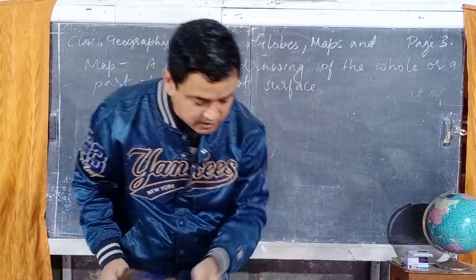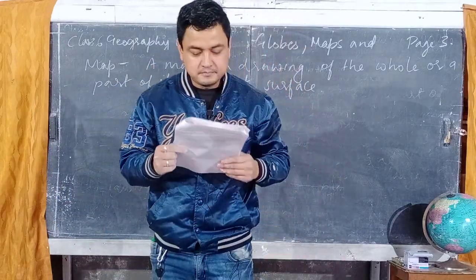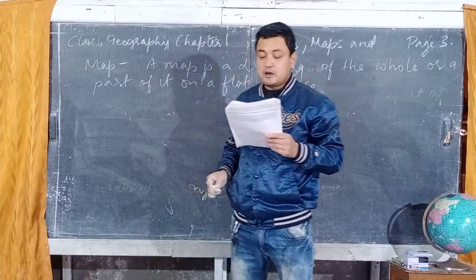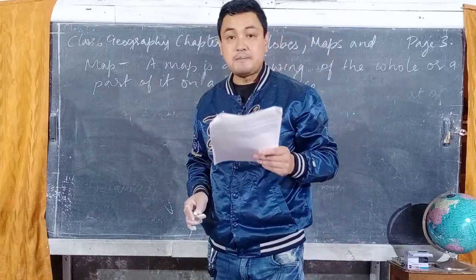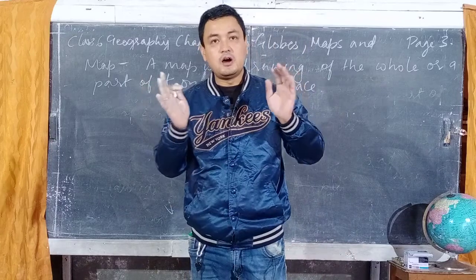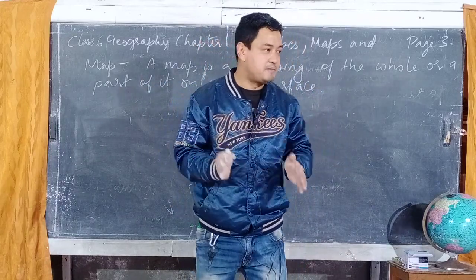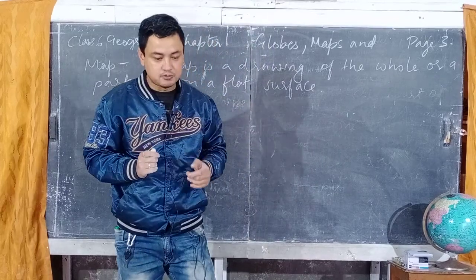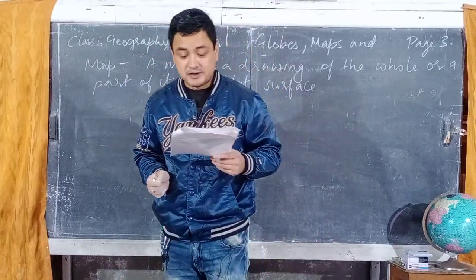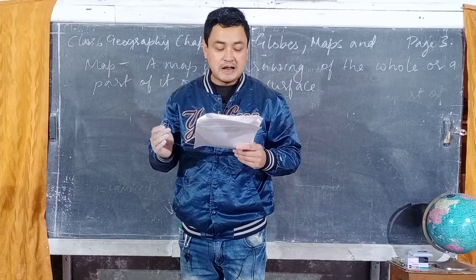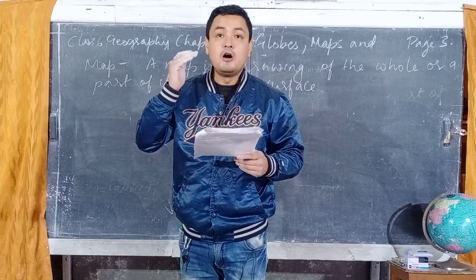Are you getting my point? So, it is basically a visual representation drawn on paper. Whatever is found on that particular place is shown on that map. This is known as a visual representation drawn on paper that provides information about the Earth's surface.